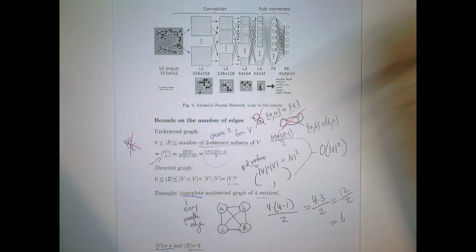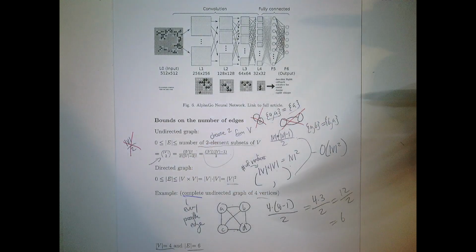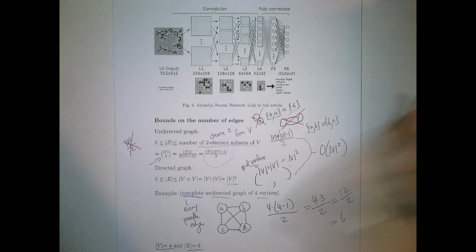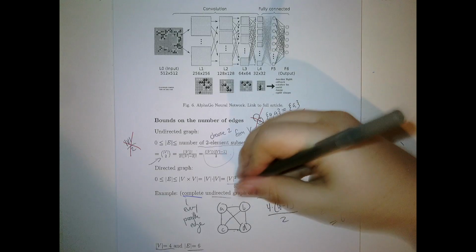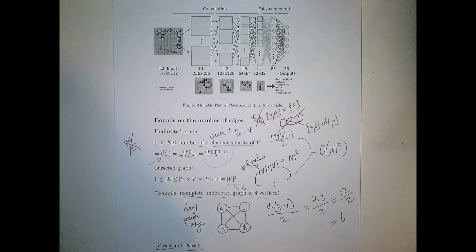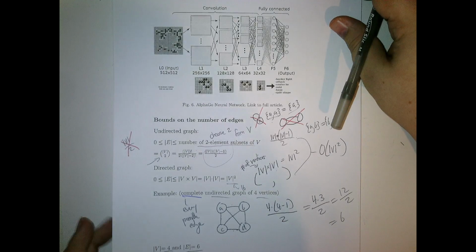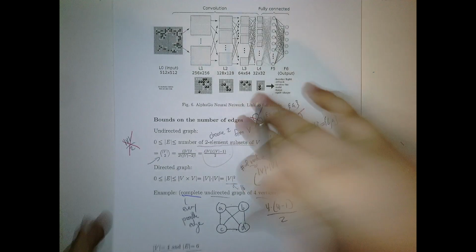You could also think about making the complete directed graph of 4 vertices, and you could check the number of connections in that one. It should be, if this is right, 16. So check that out, make sure that is true. But yeah, that's what I wanted to say about bounds on the number of edges.